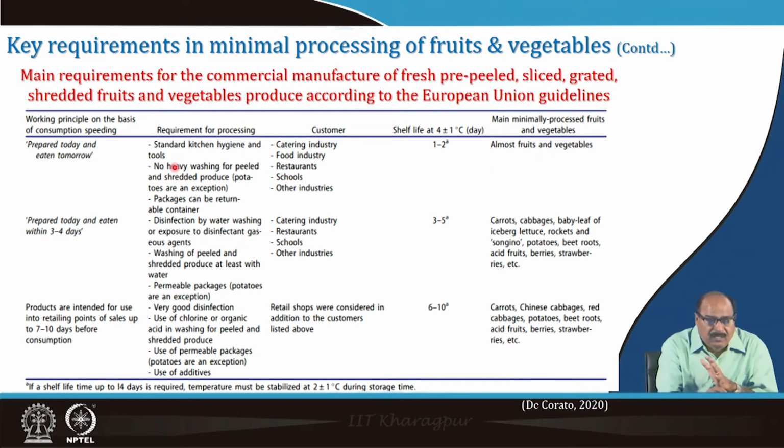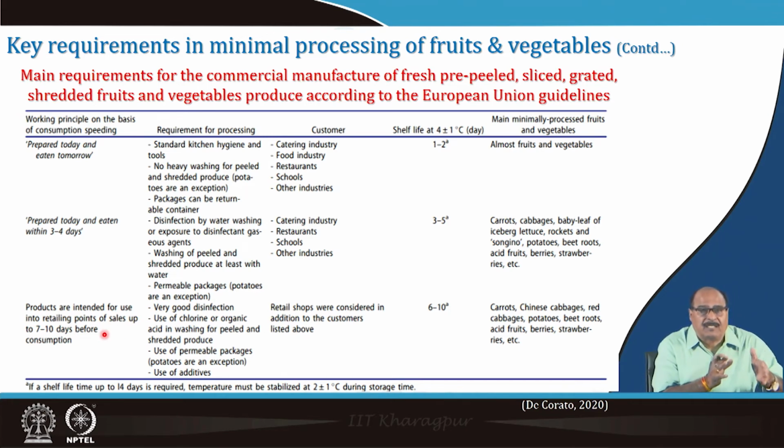That is, they should have standard kitchen hygiene and tools, no heavy washing, and peeled and shredded produce packages can be in returnable containers etc. Similarly, they can be prepared today and eaten tomorrow. Under the European Union guidelines, some are prepared today and eaten within 3-4 days, and others are prepared and intended for use at retailing points and sale for up to 7 to 10 days.